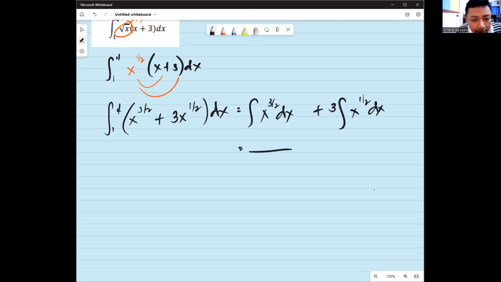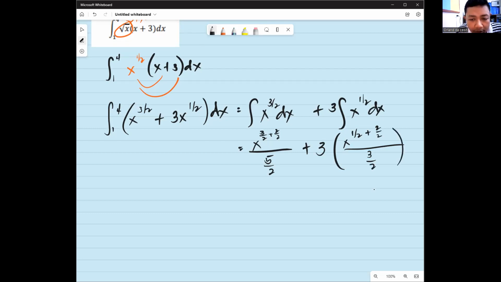So this will become x raised to 3/2 plus 1, that's 2/2, over 5/2. Plus 3 times x raised to 1/2 plus 1, let's make it 2/2, over 3/2.